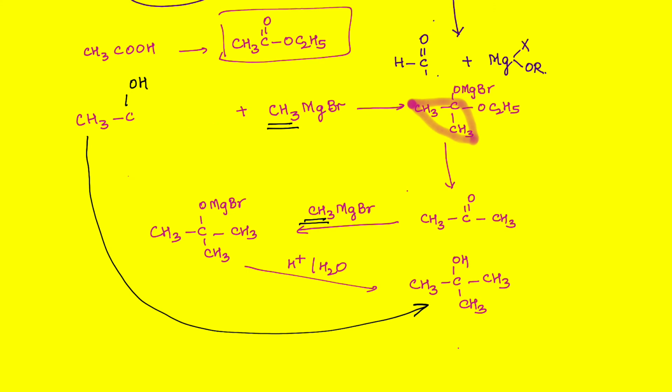Replace the OC2H5 by the alkyl groups of the Grignard's reagent, and your product is ready. This hint is for those students who want a quick answer for the objective questions. But if you are in doubt, there is nothing wrong in writing the steps quickly and being sure about our answer.